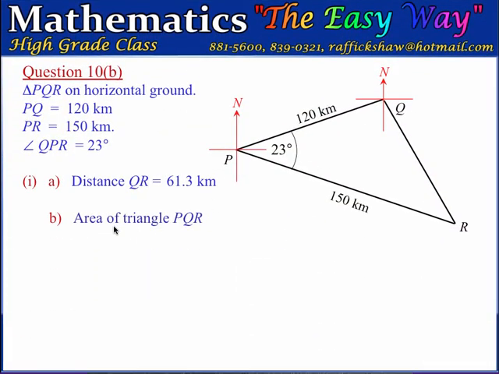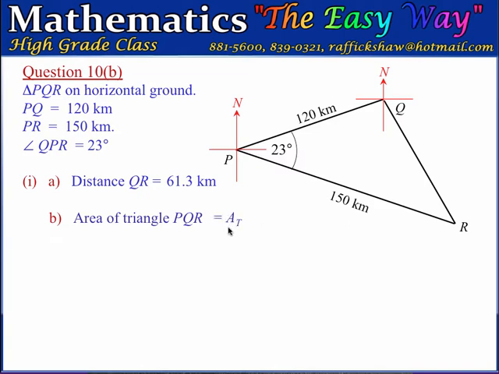We are now asked to find the area of this triangle PQR. This triangle is not a right angle triangle, and this is a case where, again, we have two sides and an angle between those two sides. When that is the case, we can use the trig formula for the area of a triangle.